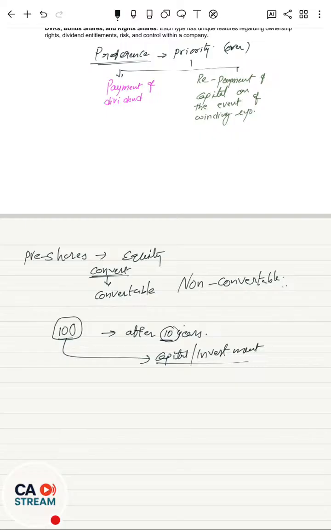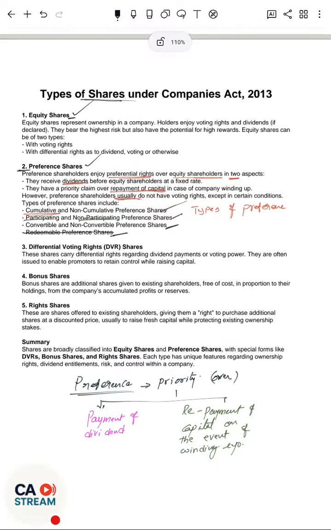The company promised to redeem them after 10 years. That means up to 10 years, you will get dividend on your investment of 100 rupees. After 10 years, your 100 rupees investment in the company will be refunded to you. That is nothing but redeemable preferential shares.